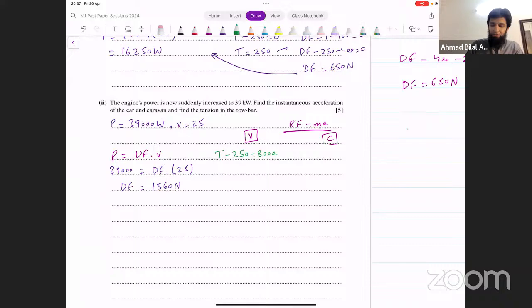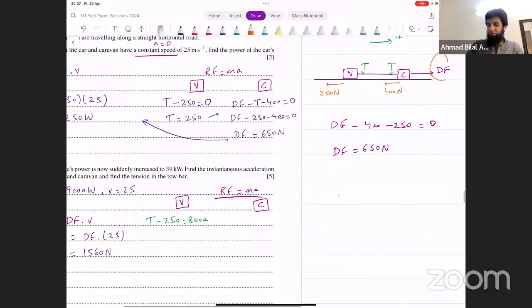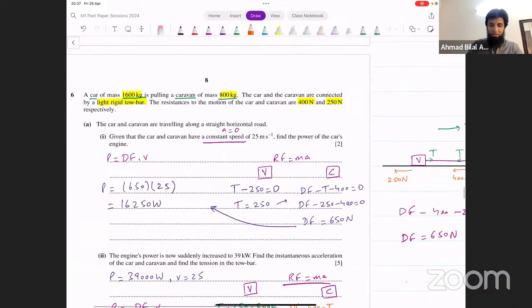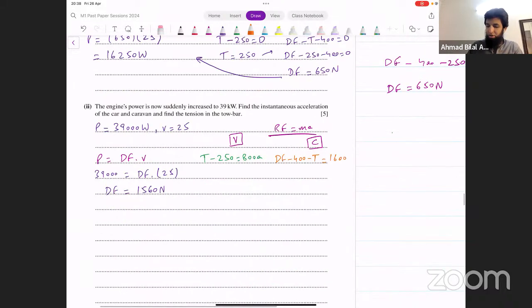And the second equation would be for the car. Car is moving in the right direction as well. Forward force is driving force. So we say driving force minus 400 minus T, or T minus 400, it's the same thing. That equals mass, which is 1,600, into acceleration.